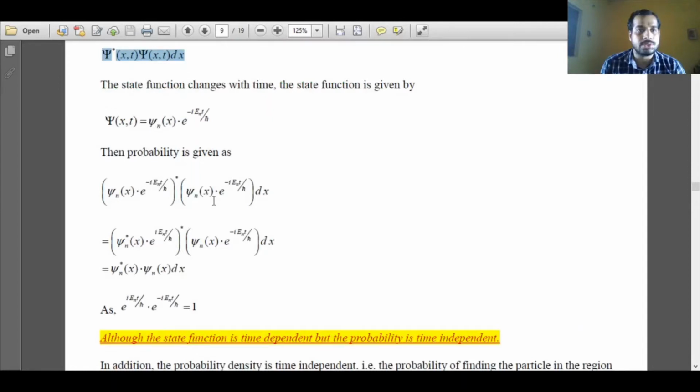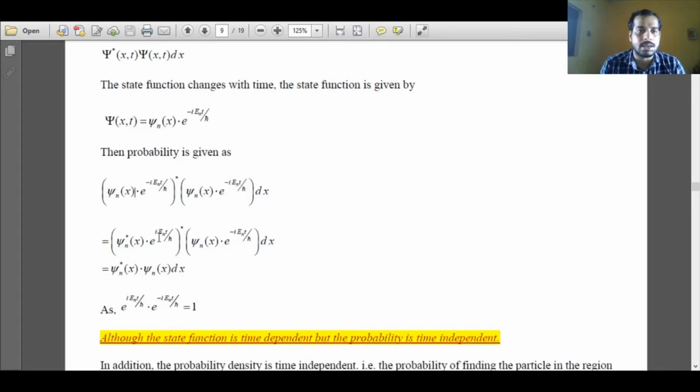So if I write the spatial part and temporal part, take the complex conjugate, again the spatial and temporal part of the wave function and dx, then this i, iota, is a complex quantity. That minus sign gets converted into a positive sign when we take the complex conjugate.